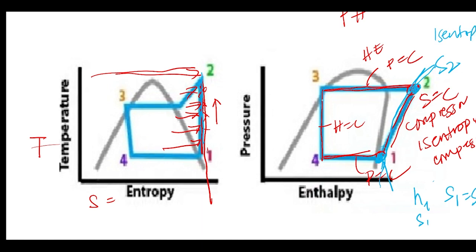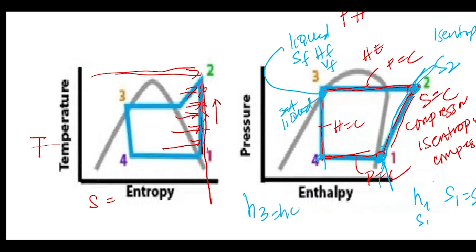Here is the liquid line, so you can get the SF, the HF, the internal volume F, saturated liquid. So easily you can get point three. Then point four you can get intuitively because this is constant. So H3 equals H4, because enthalpy is constant.